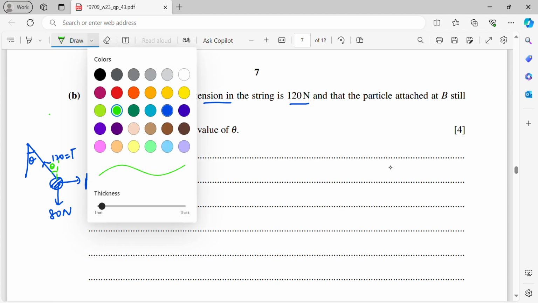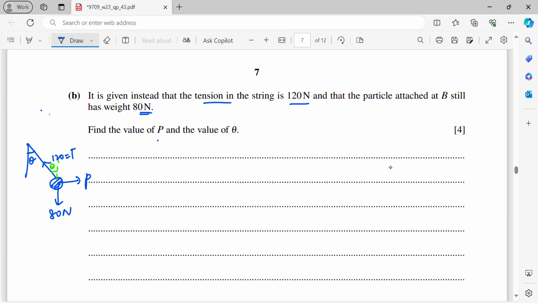Now use the same method and resolve vertically. I will get T cos theta equals 80. Now your T is 120, which means 120 cos theta is 80. Therefore, I can get the theta.